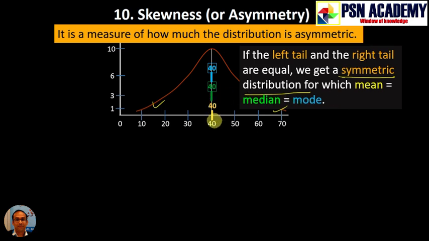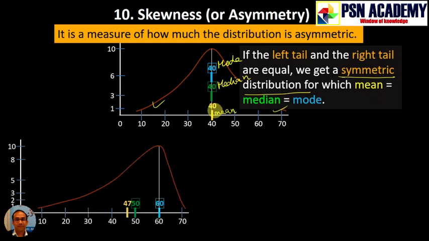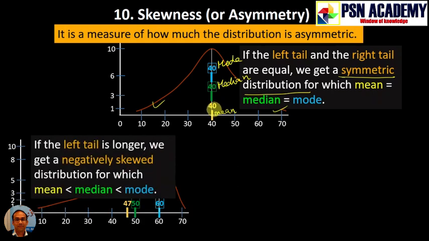Here you see that at 40, this yellow one is the mean, this one is the median, and this one is the mode. So mean, median, and mode all of them are standing at 40 whenever you have a symmetric distribution. Clear? Now, this is a left skewed distribution or negatively skewed distribution.